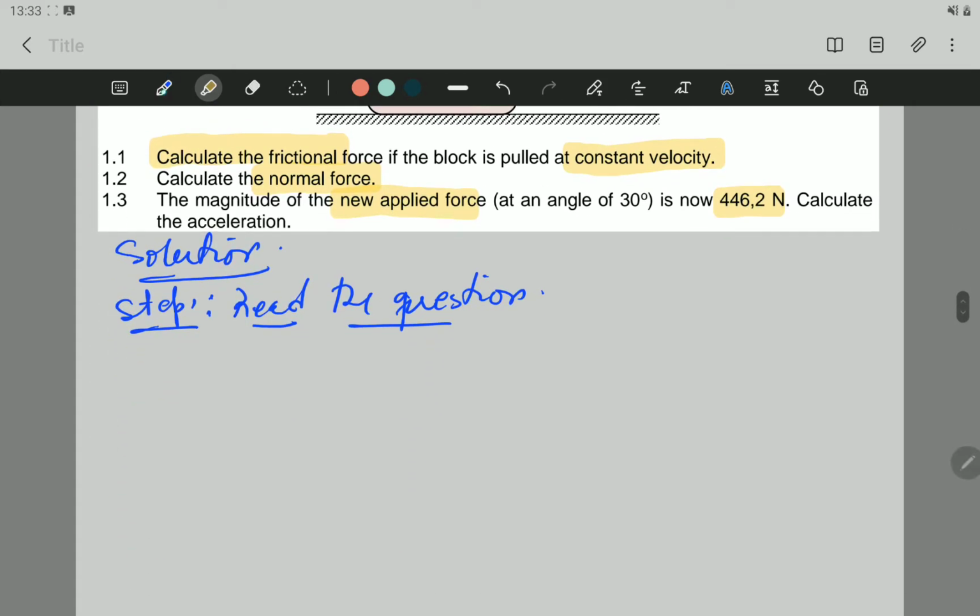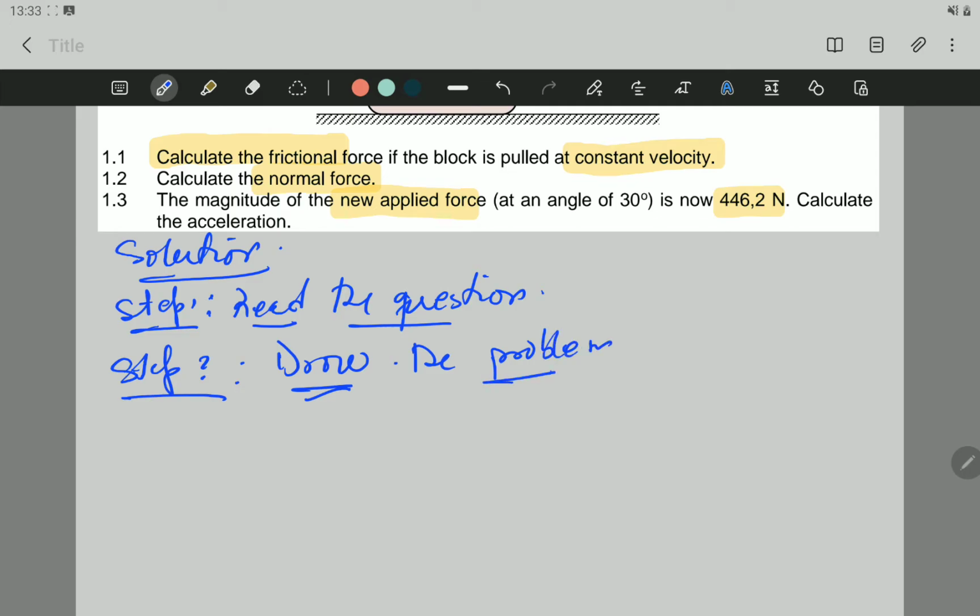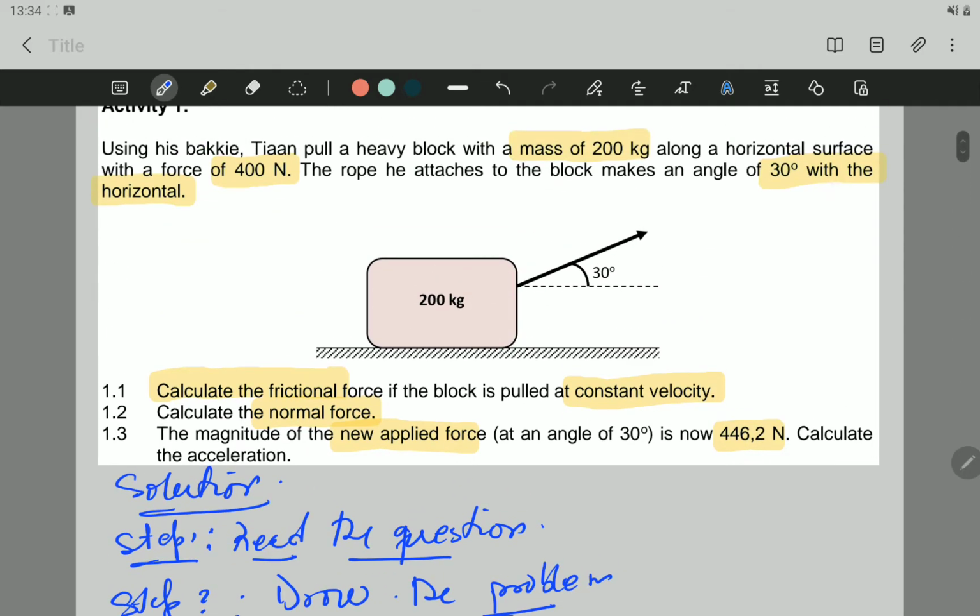Okay, now step 2 is to sketch the problem, to draw the problem. Now in this question it is drawn already, so we don't have to redraw the question. There is the drawing, so we can just add some information there.